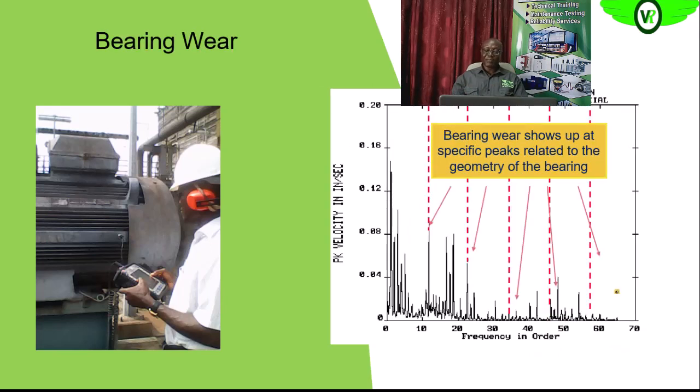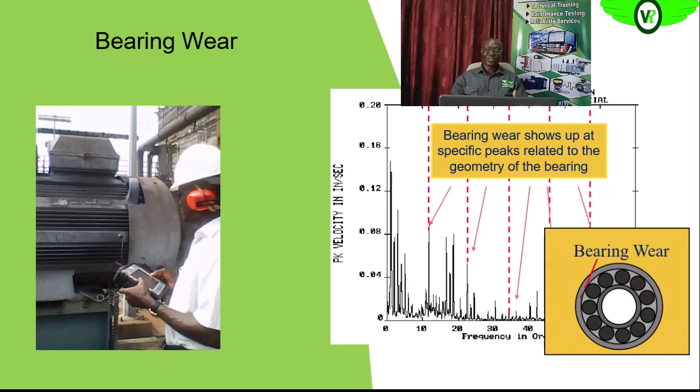Then higher frequencies will give us an idea about what is happening around the bearing. Remember, we talked about the ball pass frequencies, which is the number of balls times the RPM of the machine.